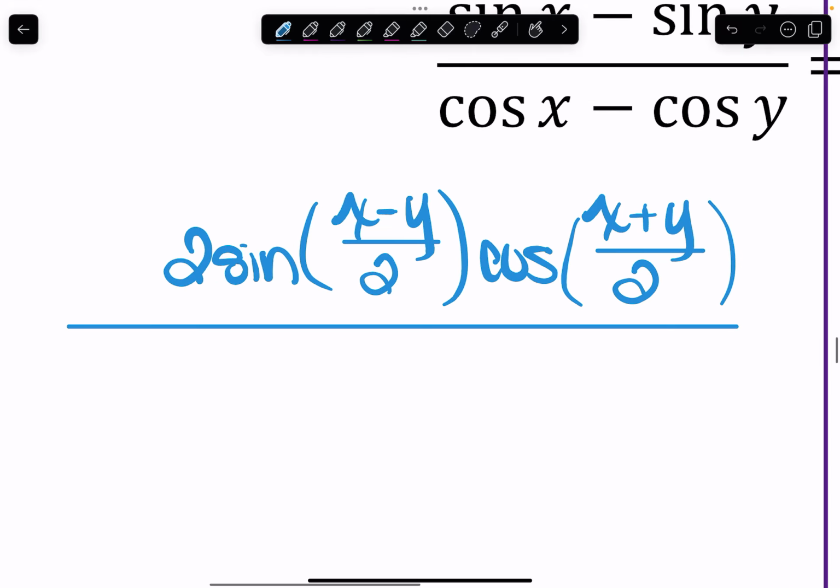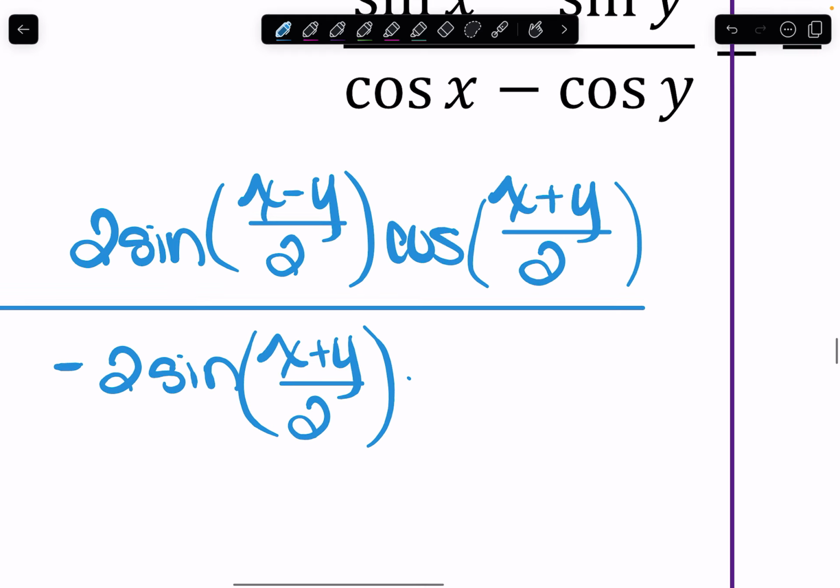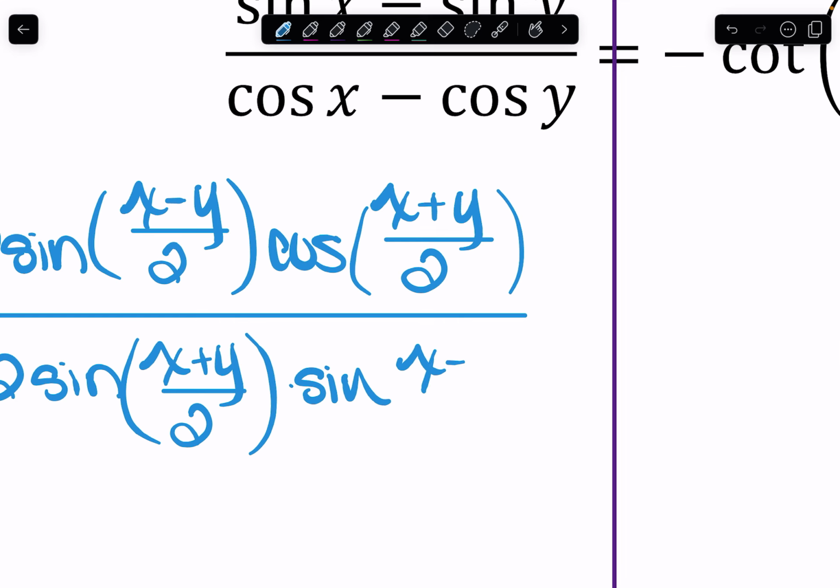And then for our denominator, cosine x minus cosine y, negative 2 sine of the sum times sine of the difference, x minus y over 2.